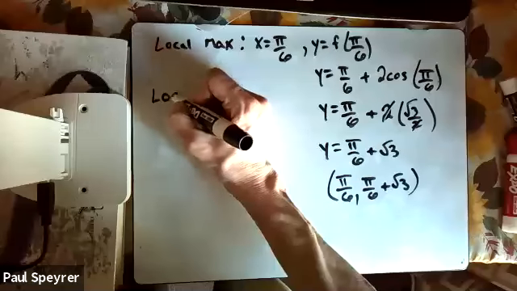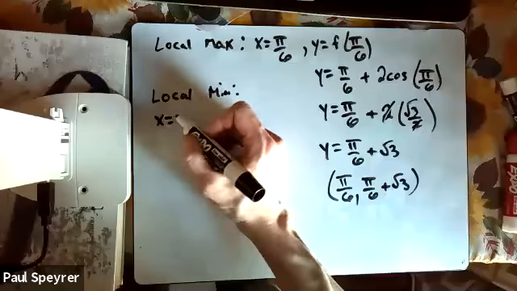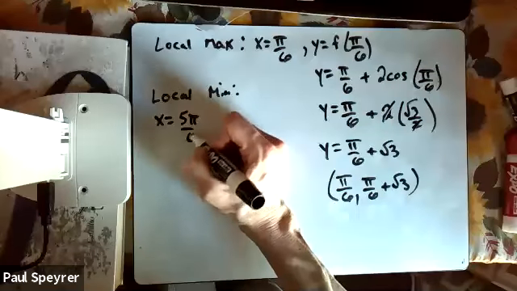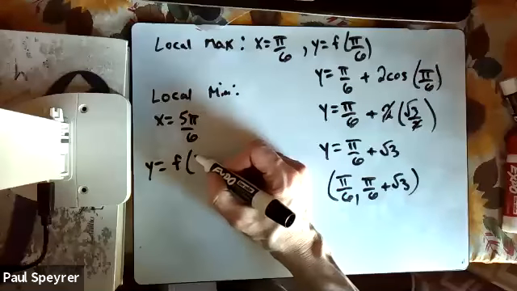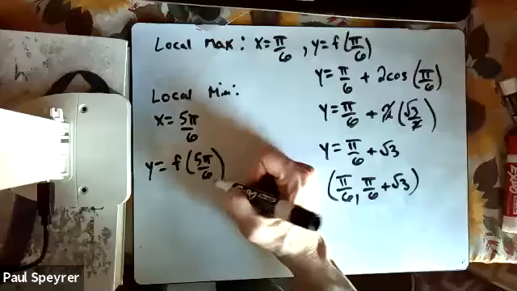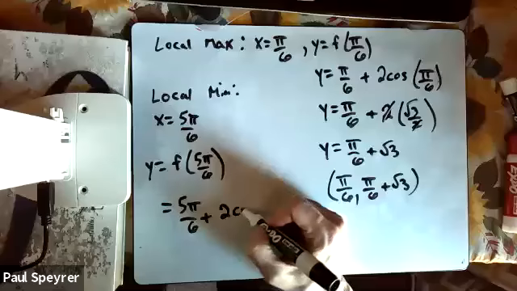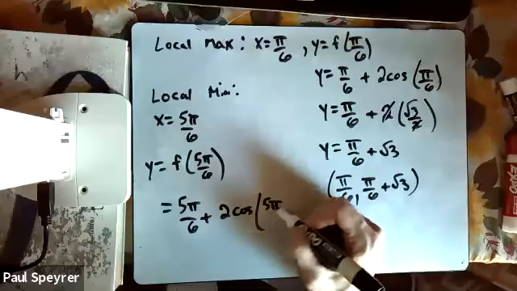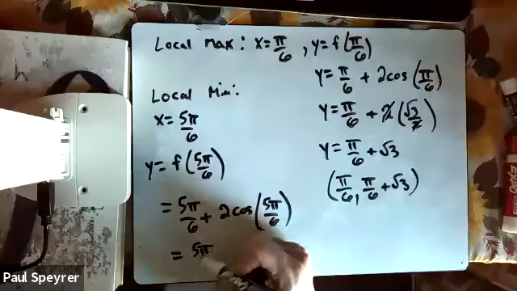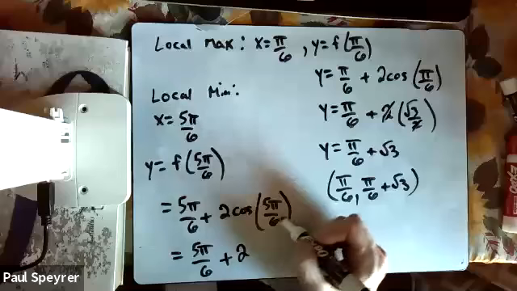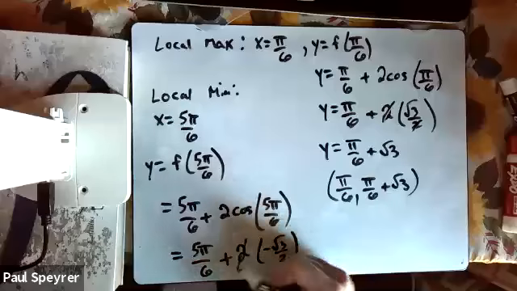The local min happened at x equals 5 pi over 6. So how do we figure out the y value? We have to find f of 5 pi over 6. That's 5 pi over 6 plus 2 cosine of 5 pi over 6. What's cosine of 5 pi over 6? It's negative square root of 3 over 2, and the 2's cancel.